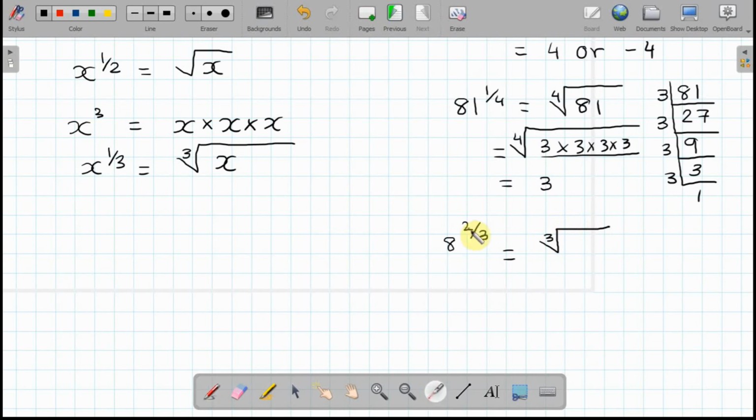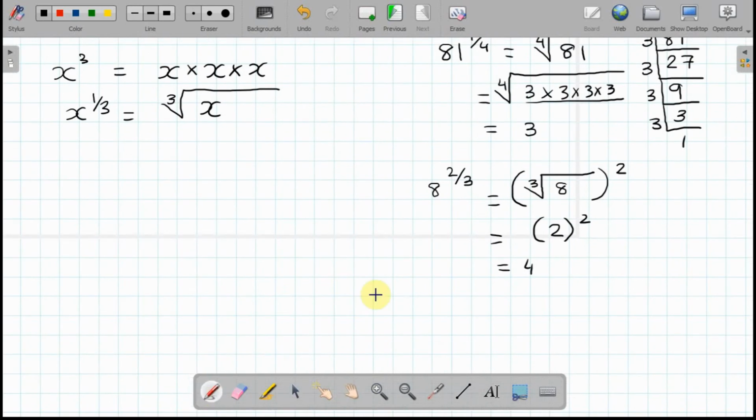Whenever I have a power which is a positive power and it's a fraction, I get rid of the denominator, because that's the hardest part at this moment in time. And the cube root of 8, I have to square that. So the cube root of 8 is 2, so it's going to be 2 squared, which is 4. And the reason I had to square it is because the numerator is 2.